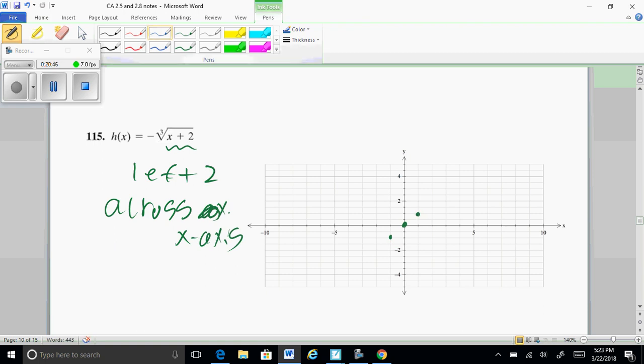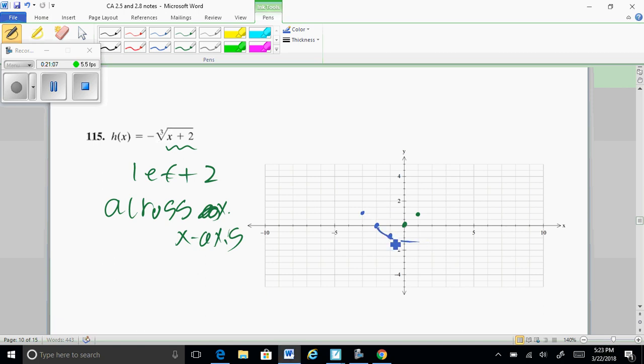And so we're going to go left 2. And across the x-axis, which is kind of interesting, I actually end up on that third point there. Left 2, across the x-axis, I'm already on it, so I don't go anywhere. Then this one that I actually kind of covered up, left 2, and then I pop up. So that reflection is going to cause us to look a little different than the other ones.